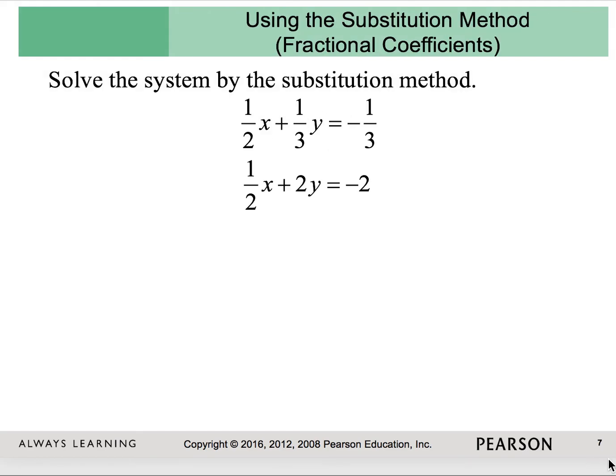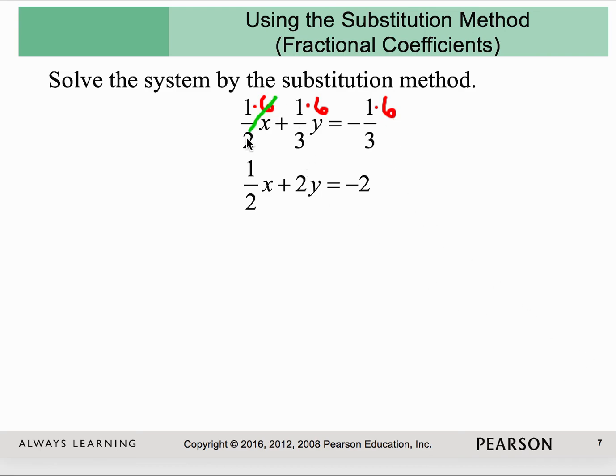All right, one more. Okay, don't let those fractions freak you out. Why? Because look, we have equal signs. So get rid of your fractions. I'm going to multiply everything in the top one by 6 because that's the least common denominator.